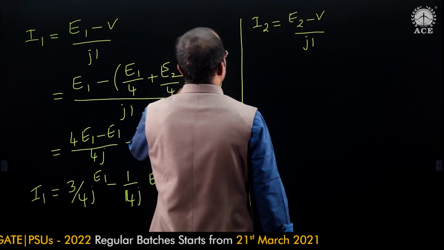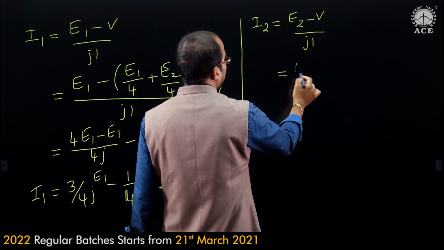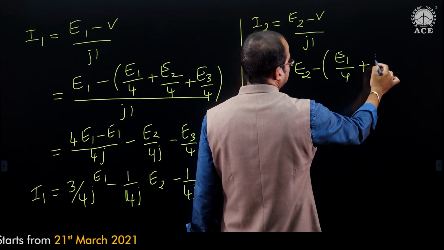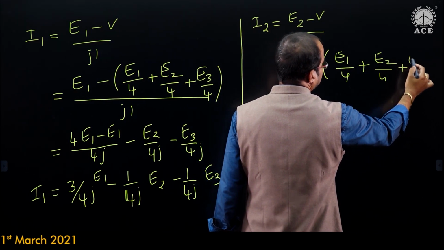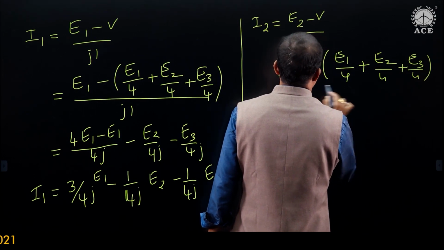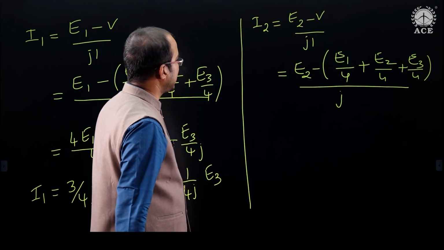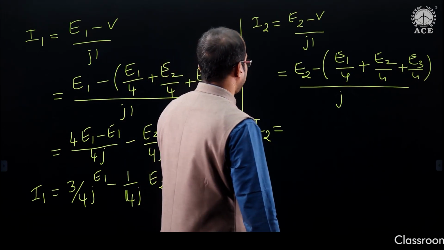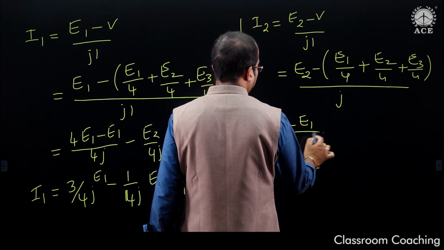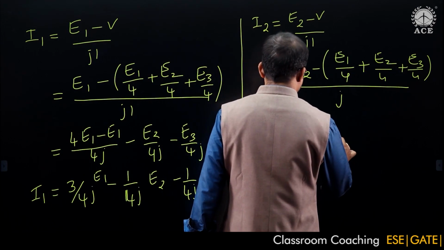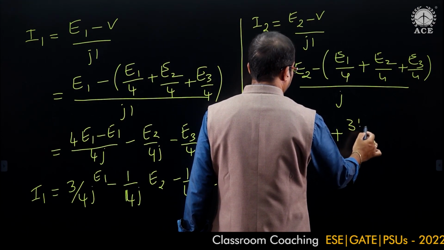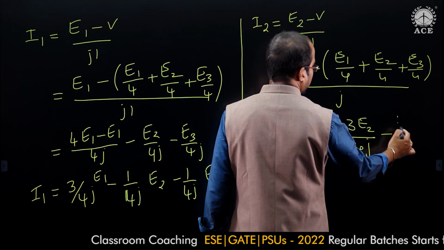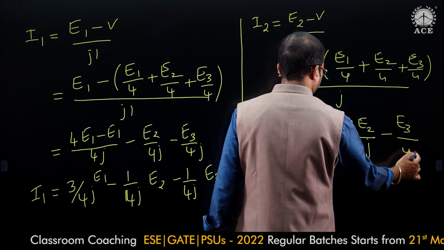Here also we know the value of V, so E2 minus E1 by 4 plus E2 by 4 plus E3 by 4, all by J. If we simplify this, we can write the value of I2 as minus E1 by 4J plus 3 E2 by 4J minus E3 by 4J.